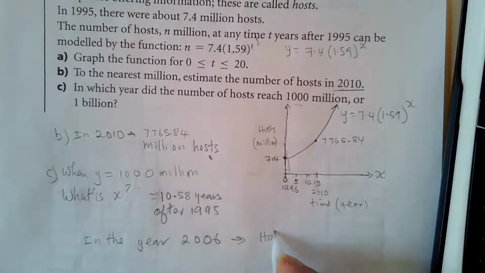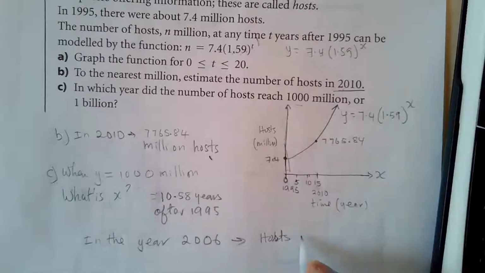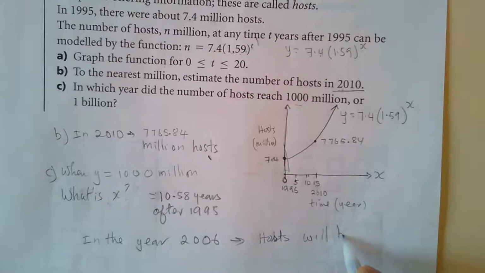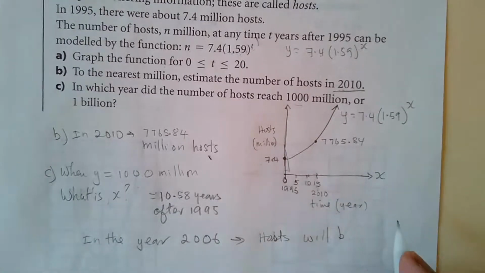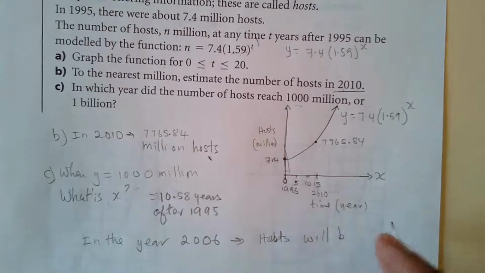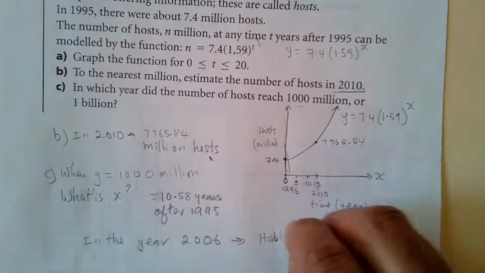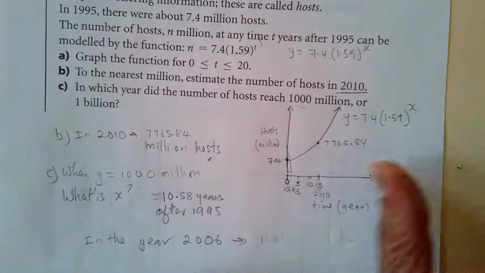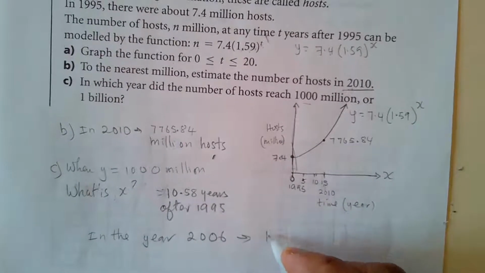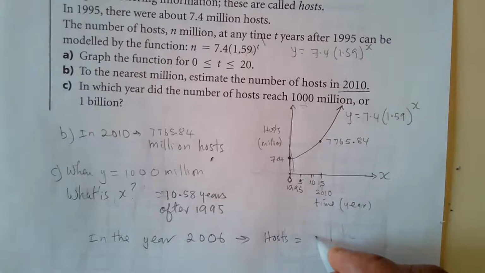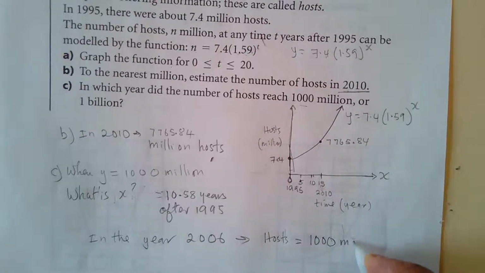The number of hosts, or in this case, we're looking back in time, we should say the number of hosts was, yes, because we are now in the past tense, in 1,000 million.